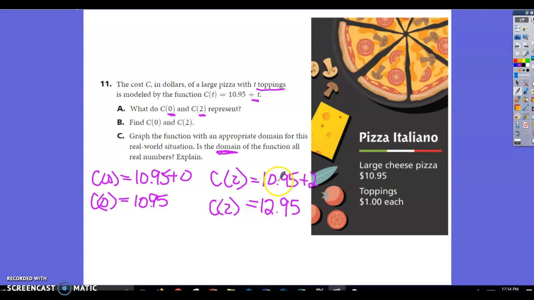You can have a pizza with half the pizza with a topping, but each topping is going to be like $1 more. So that's what it means to explain in a real world situation. So you got to think about it as far as the pizza and the toppings go. So your domain would be your positive integers.